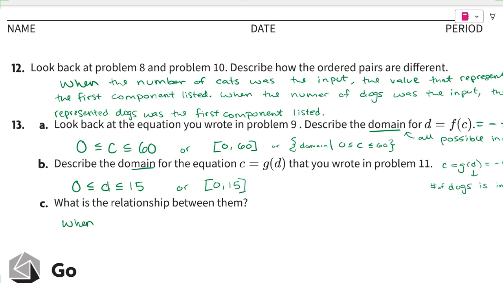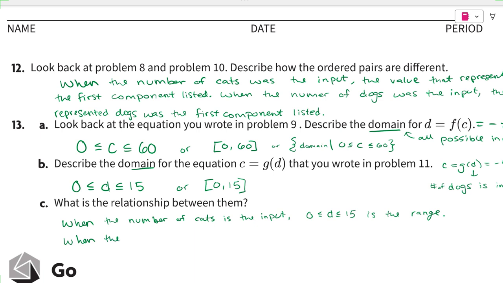When the number of cats is the input, 0 to 15 for dogs is actually the range. It says 0 to 60 for cats is the domain, but 0 to 15 is the range, right?